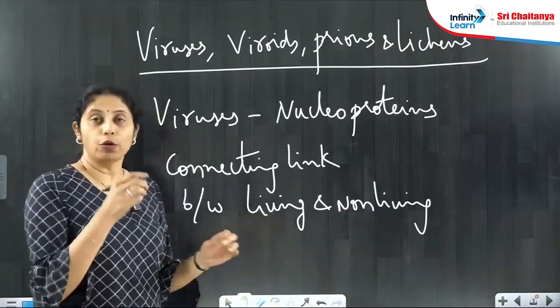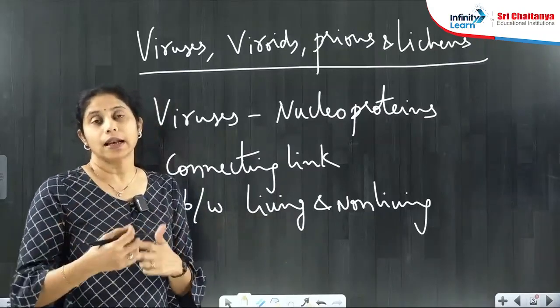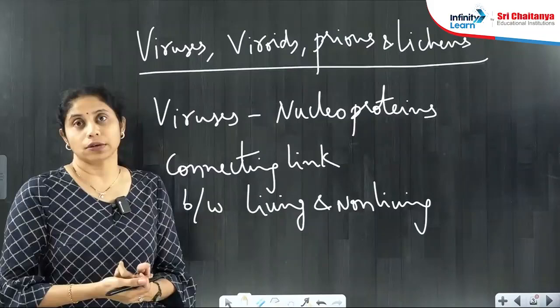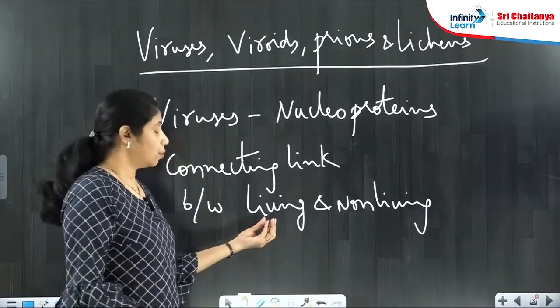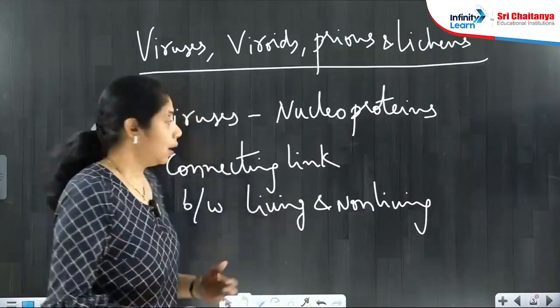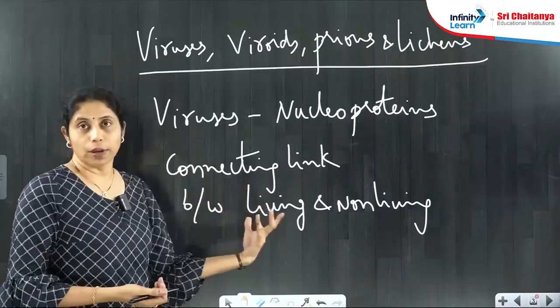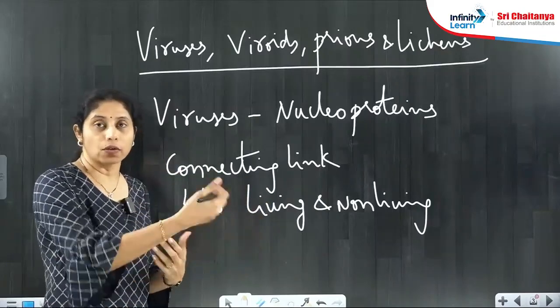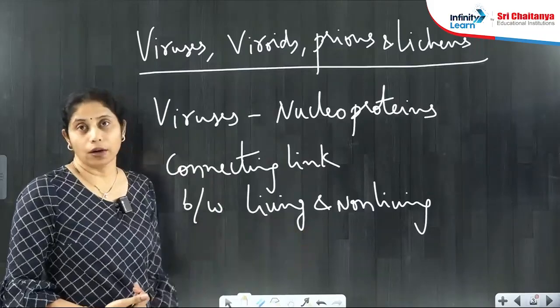Living property: when the virus enters into the cell, inside the cell it multiplies or replicates. That is a living process. So, multiplication inside the host cell or replicating inside the host cell will make the virus living. As it is showing both, depending on whether it is present inside the host or outside the host, it is called connecting link between living and non-living.